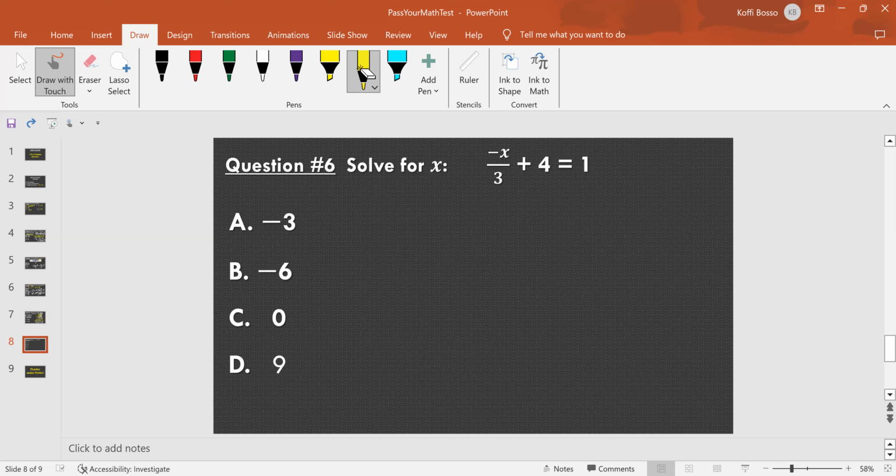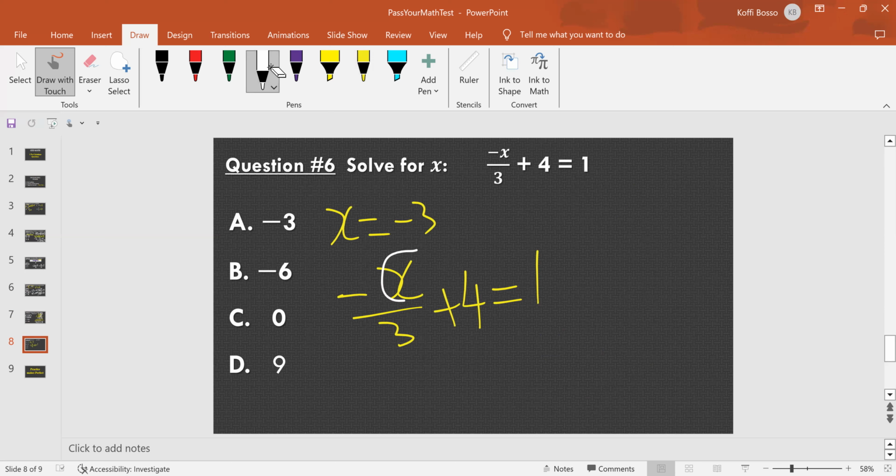That means I assume that x here is negative 3. So I'm going to replace x by negative 3 in the equation.